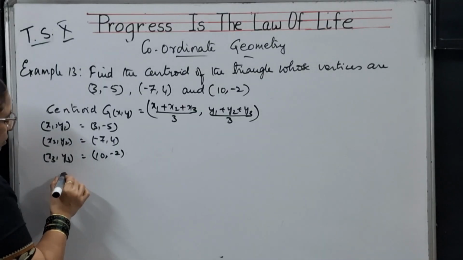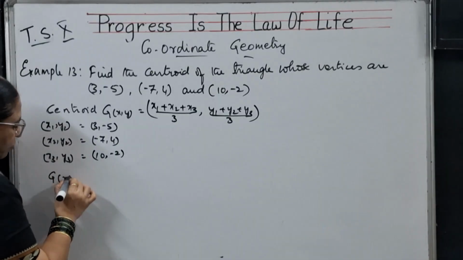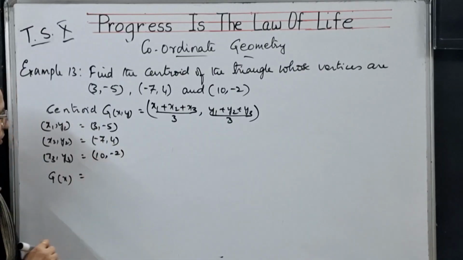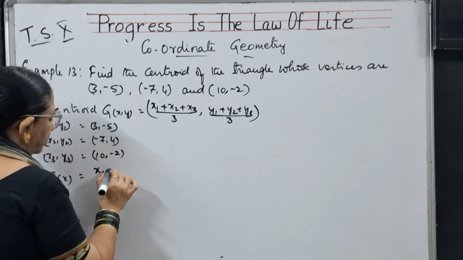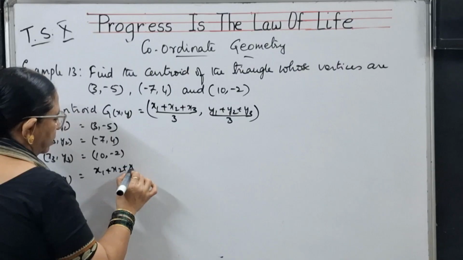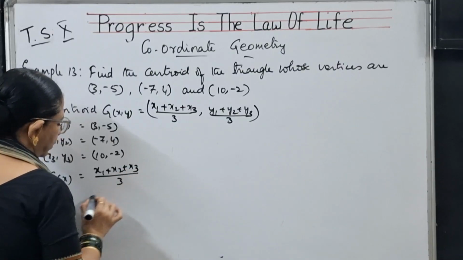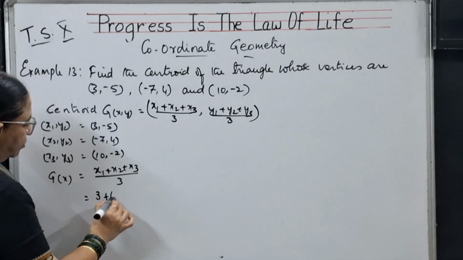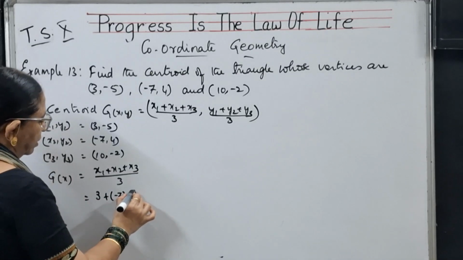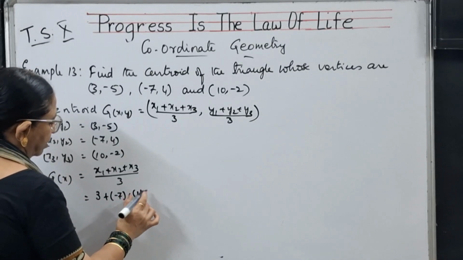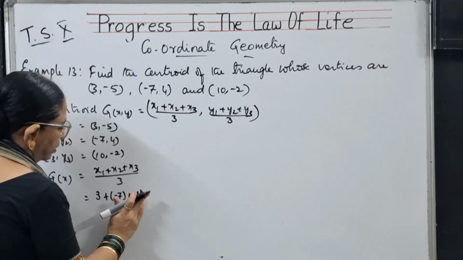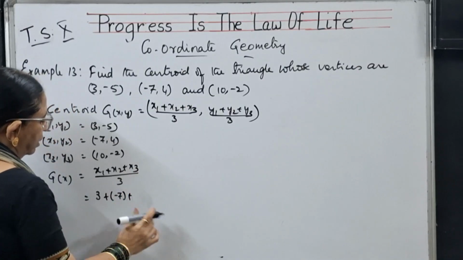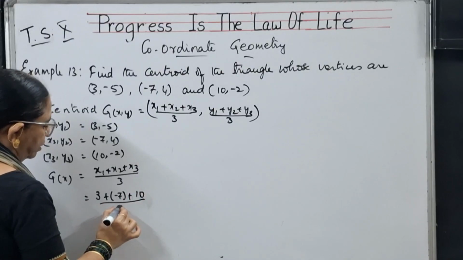So now we need to find out what is G of x and G of y. Separately we will do. G of x is (x1 plus x2 plus x3) by 3. So this is x1, 3, plus x2, minus 7, plus x3, 10, by 3.